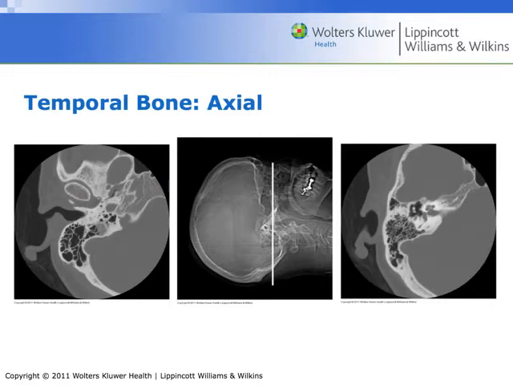The clivus. That's the carotid canal, so the carotid artery entering the brain. We noted this on the brain images. This is the sigmoid sinus.